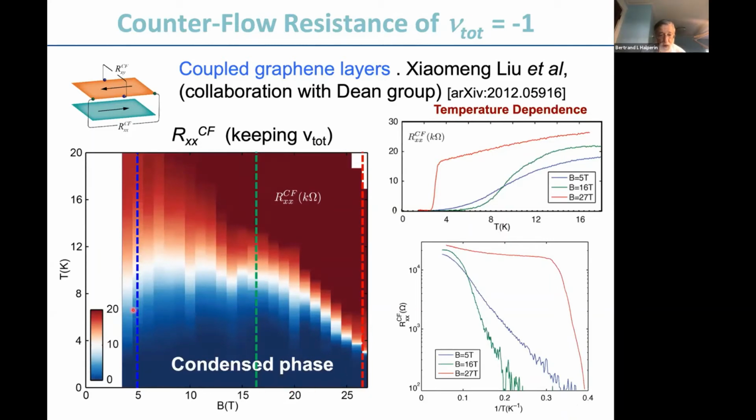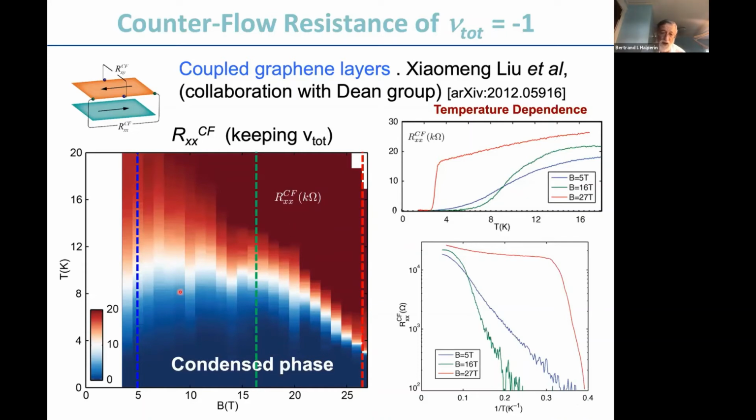And so you can see that at low temperatures, blue means that there's no counterflow, very little counterflow resistance. It's the condensed phase. At high temperatures, we get some kind of finite resistance in the counterflow. And at large D over L, where we have this sort of Coulomb, BCS-like region, we're seeing a rather sharp transition. It's not perfectly sharp, but it's fairly sharp.